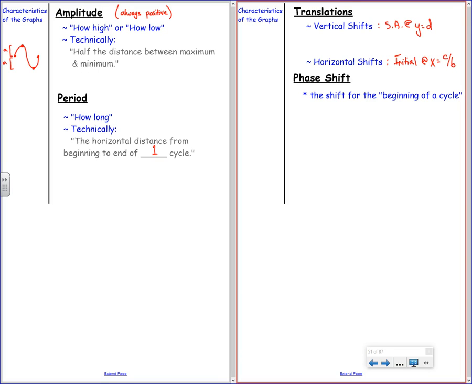So if for any reason your sinusoidal axis is 0, there is no vertical shift. If your C over B is not there, if there is no plus or minus on the inside, there is no horizontal shift. It'll just start like normal. But a snazzy name for the horizontal shift is a phase shift.